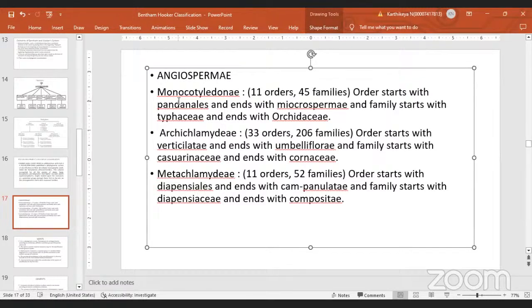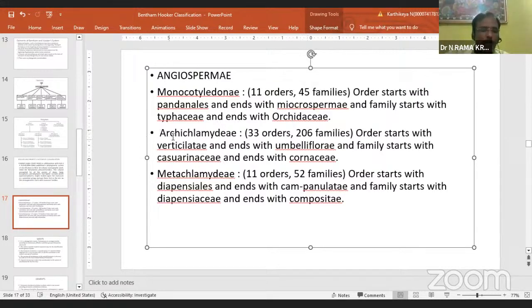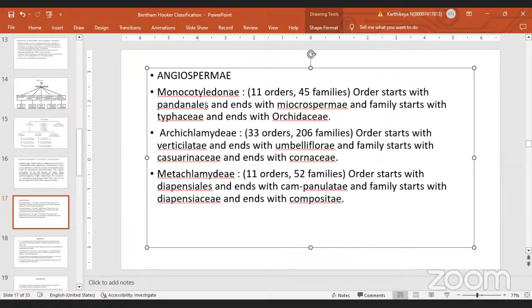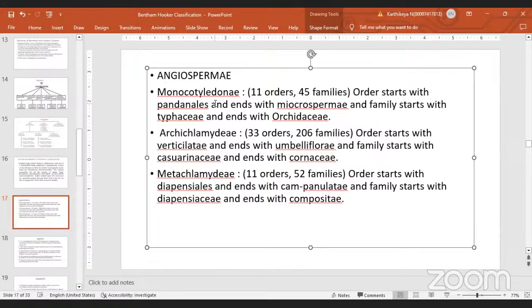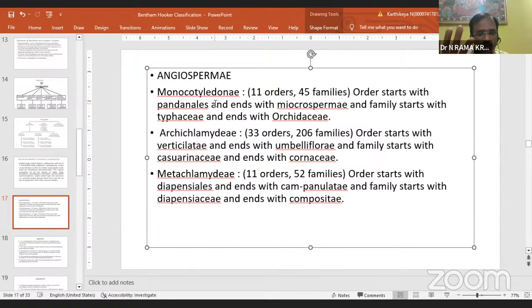Already you know very well, but these are the common points. Here you see 11 orders. Monocotyledons, yes. Angiosperms are divided into two. One is monocots, the second one is dicots.